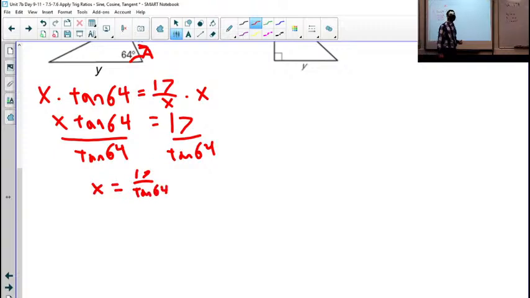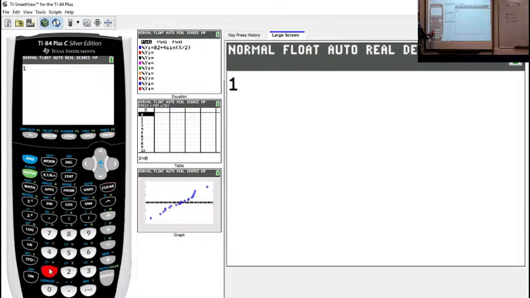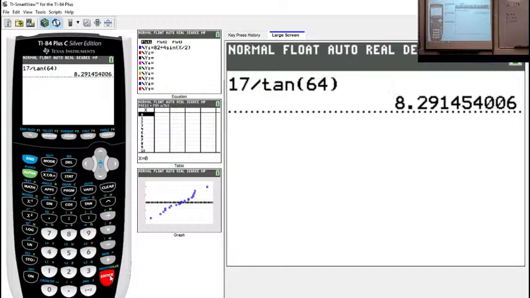And remember, we can do that because tangent of 64, it's a big long decimal, but it's just a number. So I'm trying to solve x times a number. We can do that by dividing. So then we're going to go to the calculator and get the rounded answer there. Round up to 8.3.